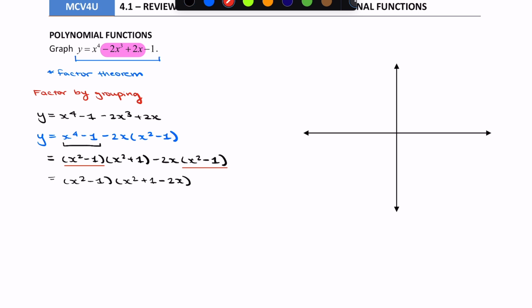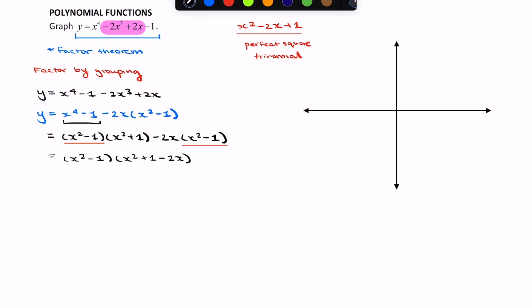Here, if we move the 1 to the end and write it as x squared minus 2x plus 1, we'll notice that this is a perfect square trinomial, and the x squared minus 1 is a difference of squares again.